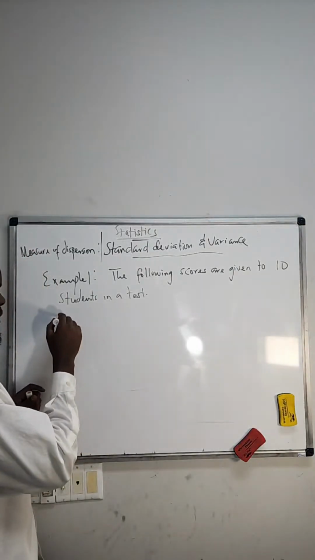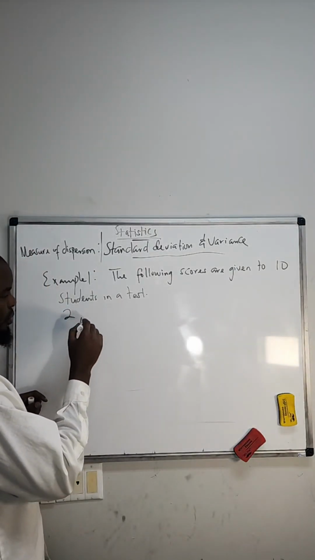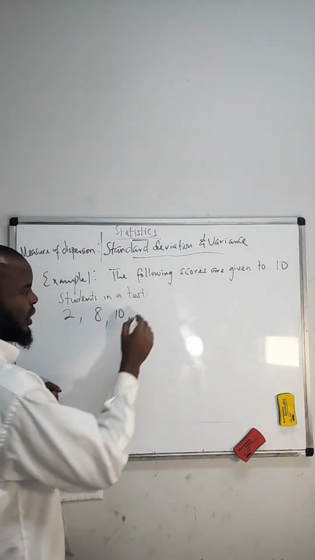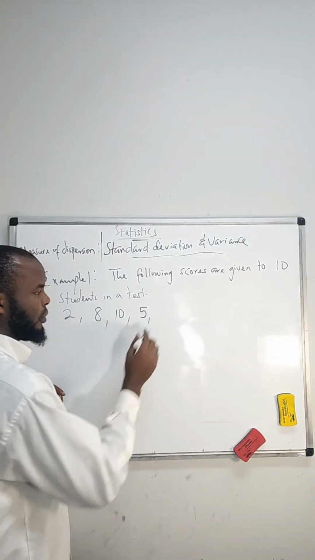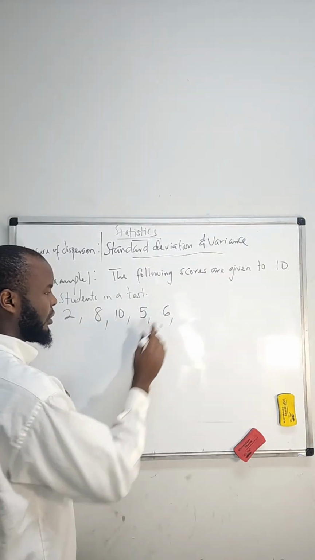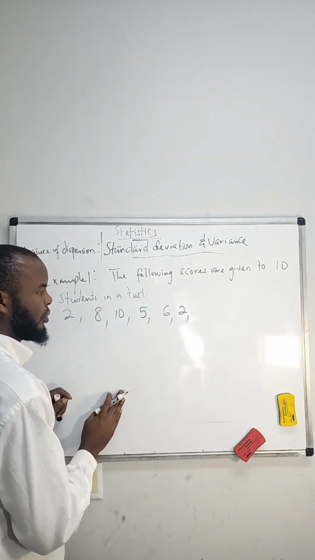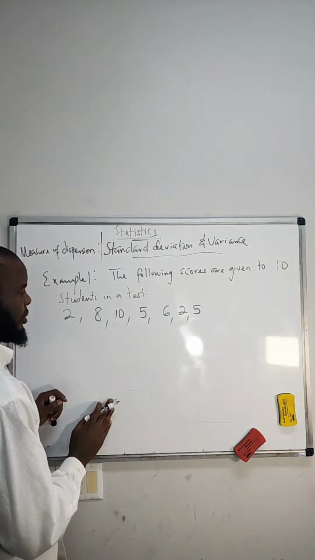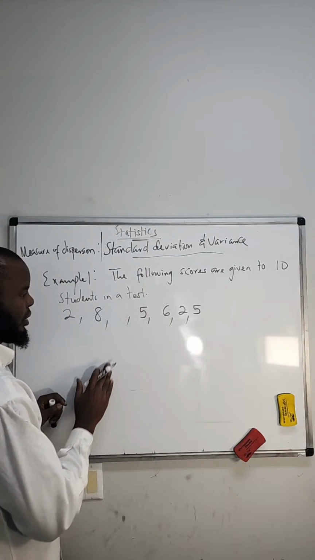So we have 2, 8, 10, 5, 6, 2, 5. Let me make it even shorter.